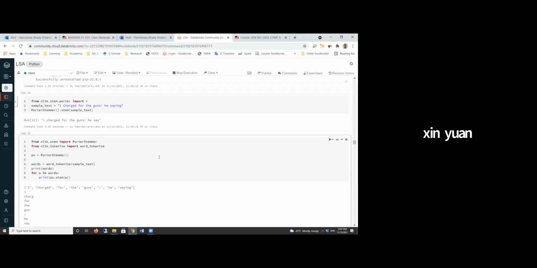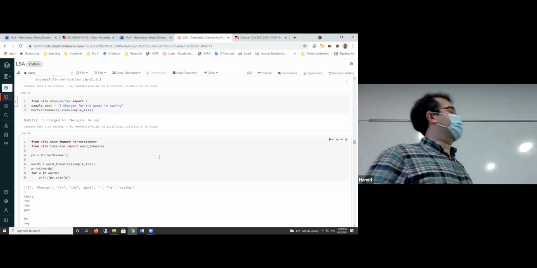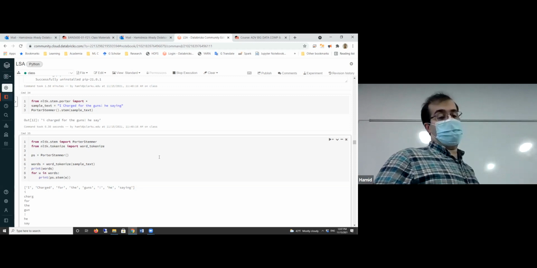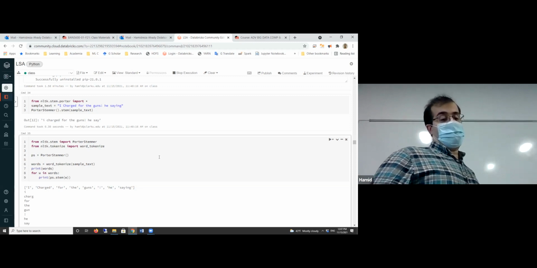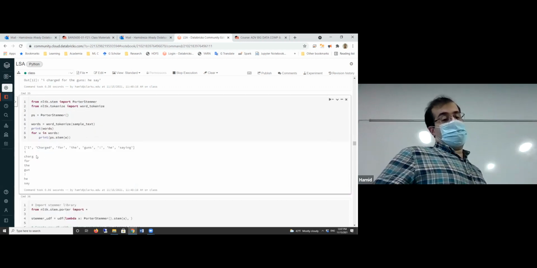I also use word tokenizers, so I focus on each token. These are just sample stemming and tokenization codes. So as you see, I made a for loop for the tokens of the words. So this time, look, instead of having charged, I have charge.